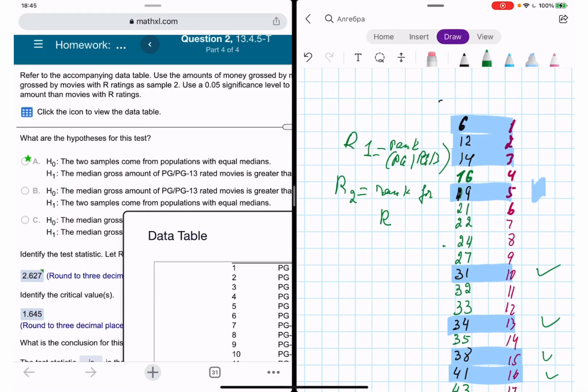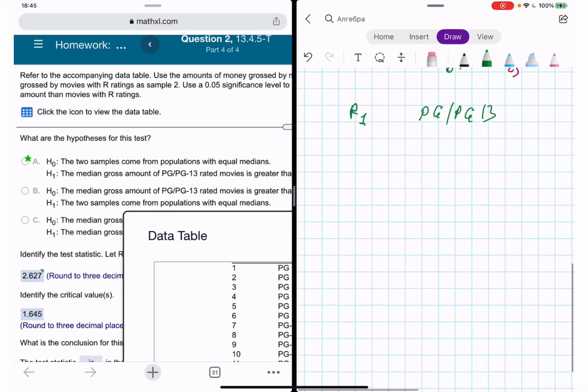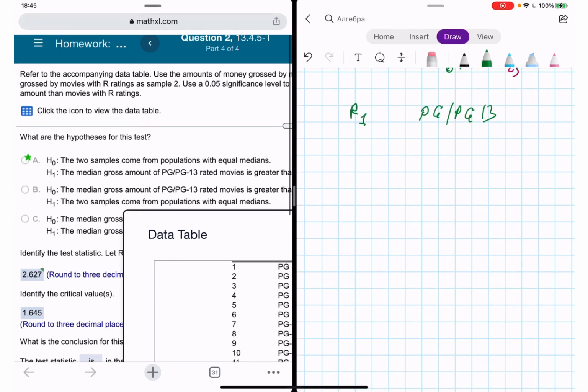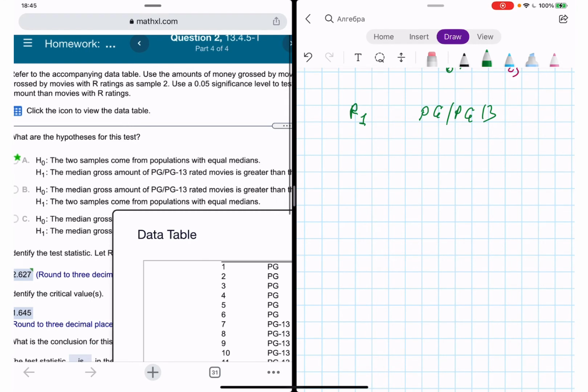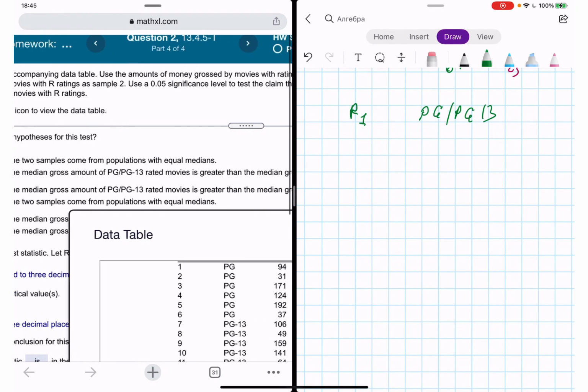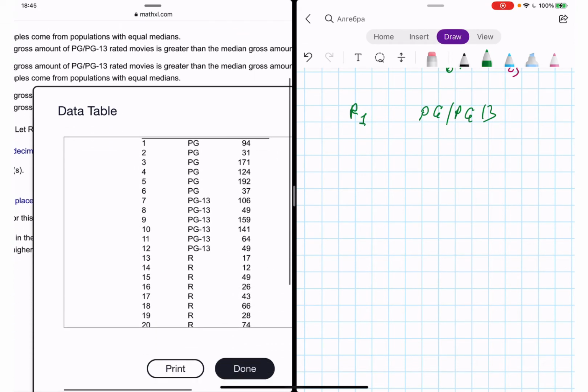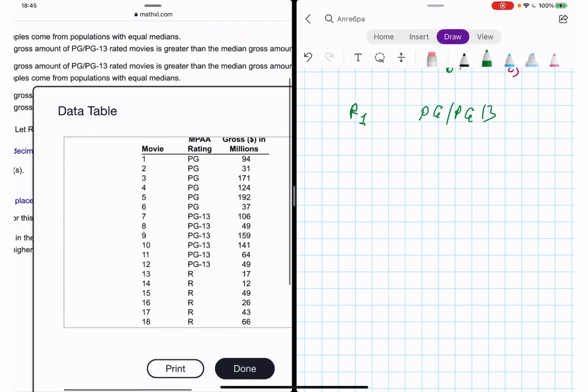So the same way you're going to do in this case, you're going to use R1 as PG and PG-13, looking at the table from movie number 1 through movie number 12. So step 1, you have to arrange these gross in millions in ascending order.